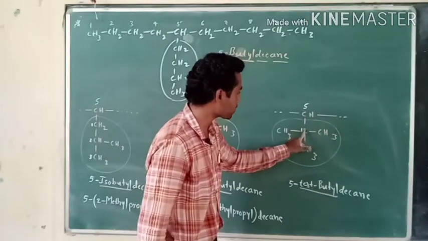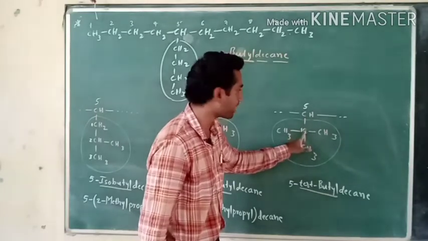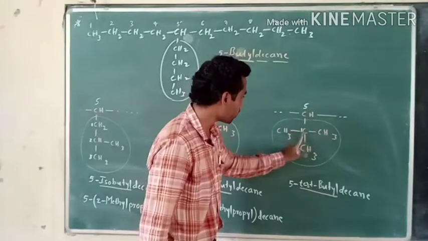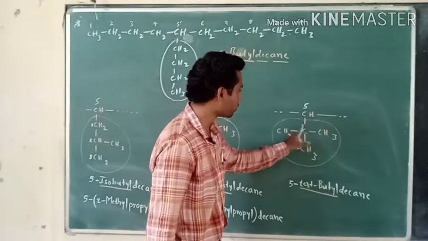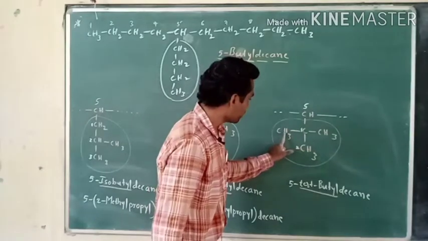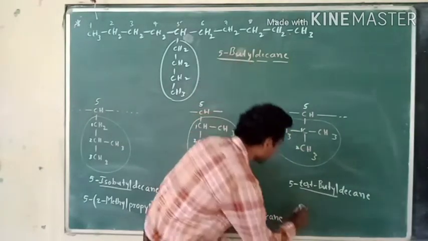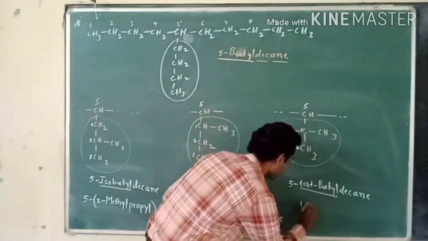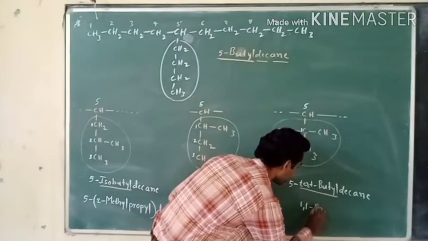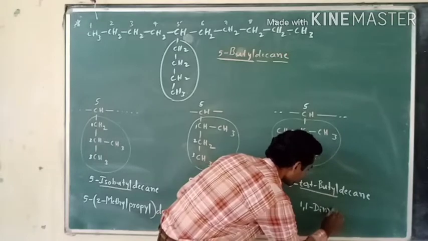Numbering should start from the carbon at the point of attachment to the main carbon chain. 1, 2 is the numbering. We are not supposed to number it the other way. So now, what is the systematic name? At the first position, 1 methyl group. Again at the first position, 1 more methyl group. Therefore, dimethyl.